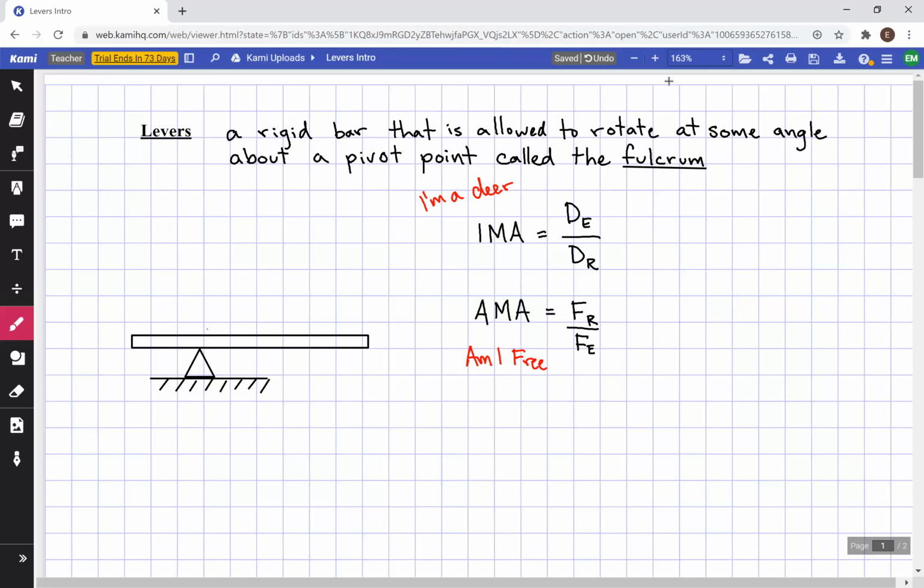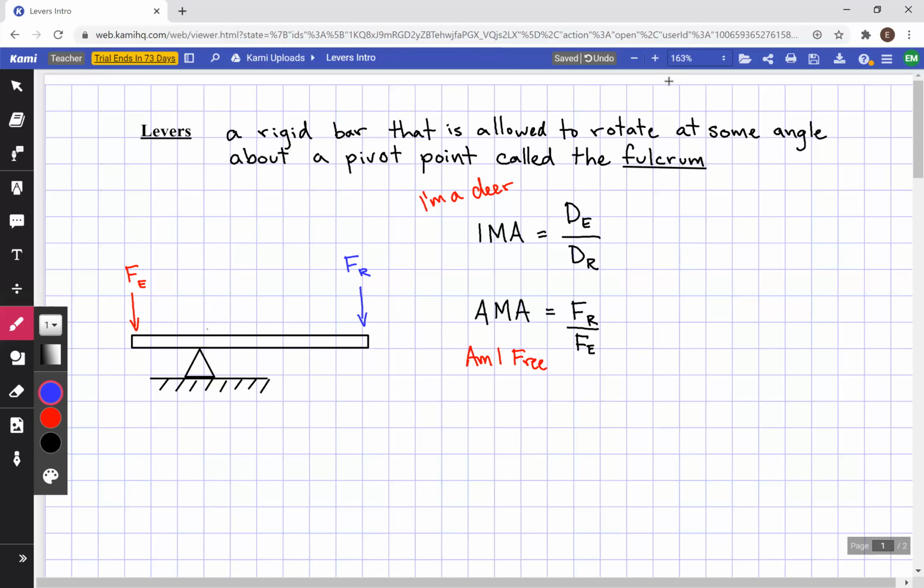Now, looking at this lever, if I put my effort force on the left end, call that Fe, and my resistance force on the right end, and remember, we'll also call that the load.